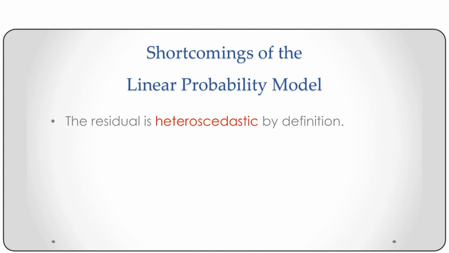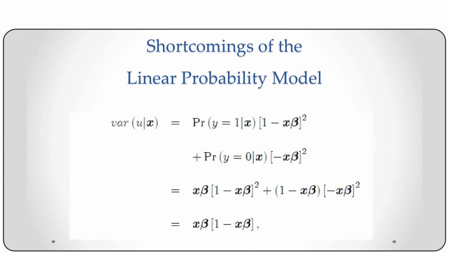The third shortcoming of the linear probability model is a more technical one, which is that the residual is heteroscedastic by definition. Now note that an alternative way to write the linear model is to write y equal to x prime beta plus e. The typical linear model assumes that the variance of e is sigma square for all individuals.